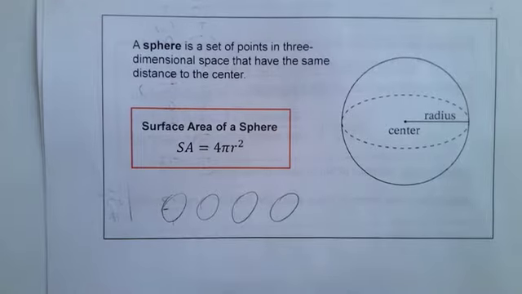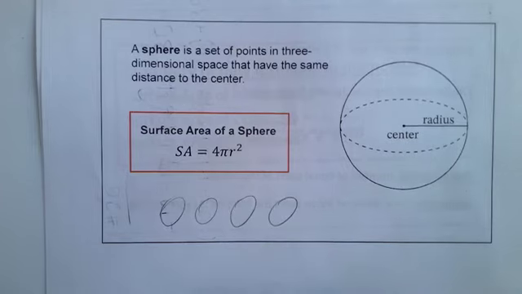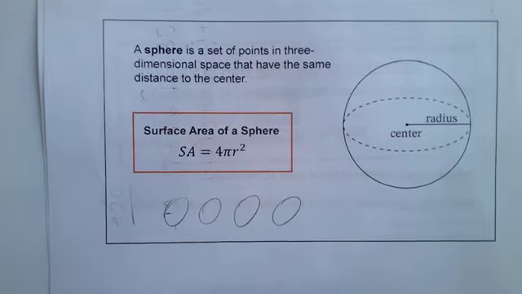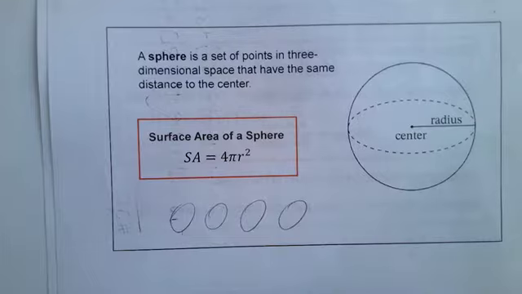It's so strange because I can't imagine taking 4 identical circular pieces of paper and pasting them over a sphere. But this is actually a cool formula because it reminds me of the area formula. It's just times 4.